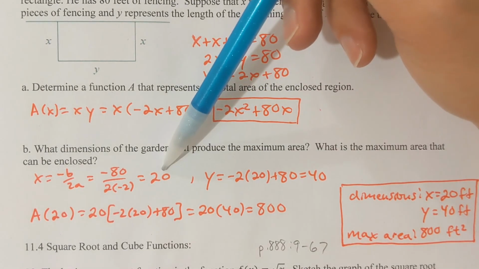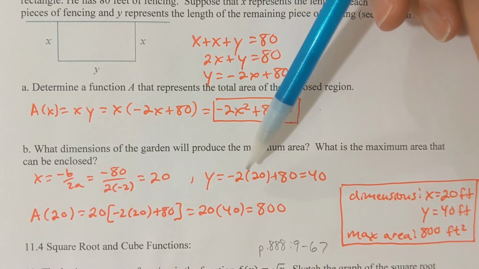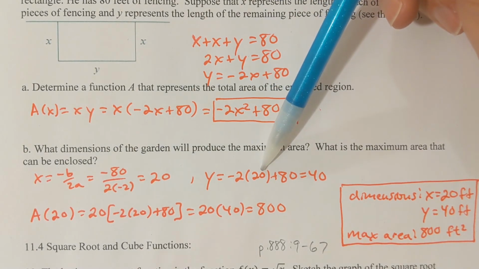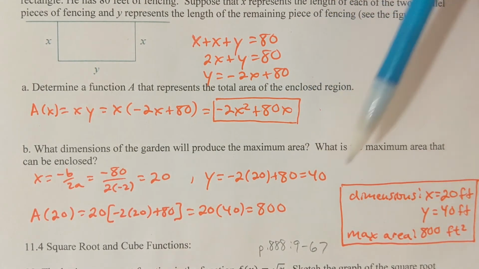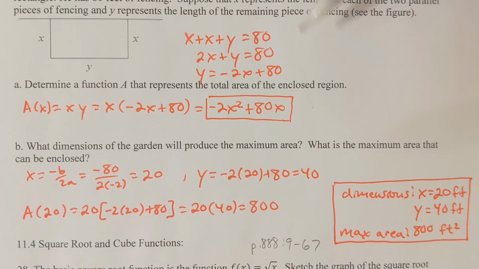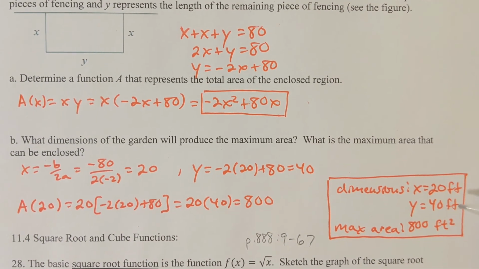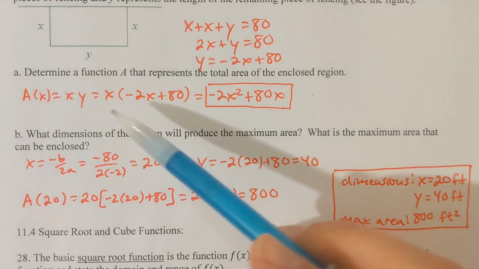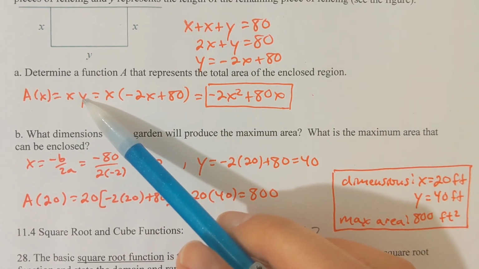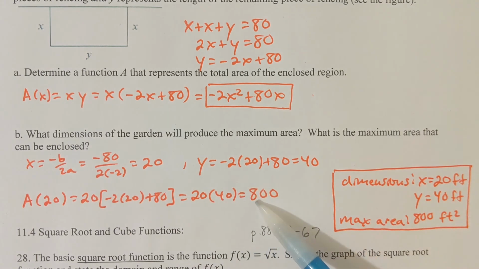Well, x is 20, right? We've already said that. So if you take negative 2 times 20, that's negative 40, plus 80 would be 40. Okay, he would want to go with these dimensions then, 20 feet by 40 feet. And 20 times 40 is 800 square feet.